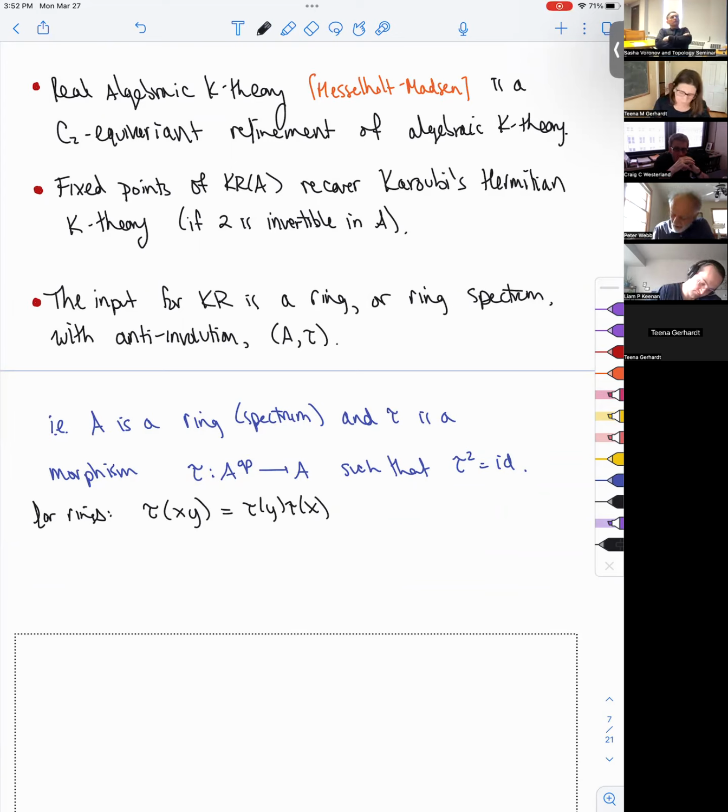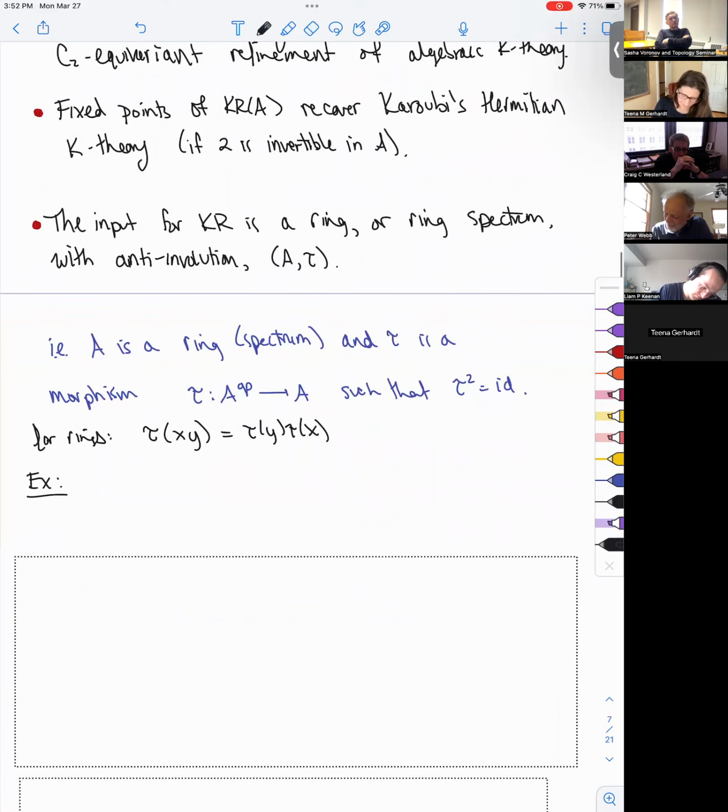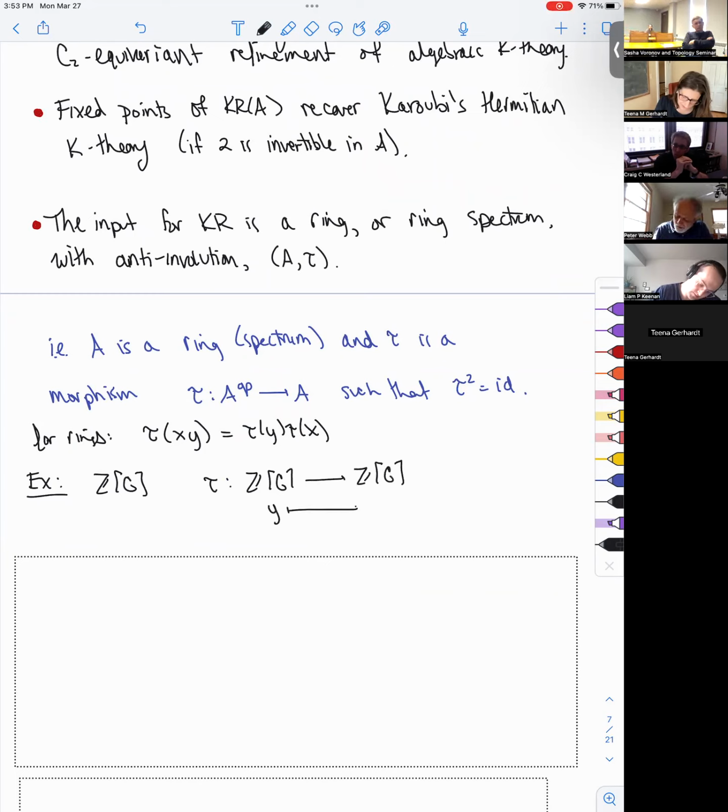An example to have in mind, if you are wondering why you would want it to be an anti-homomorphism, is the group ring over the integers. We get such an involution by looking at the map that sends a group element to its inverse.